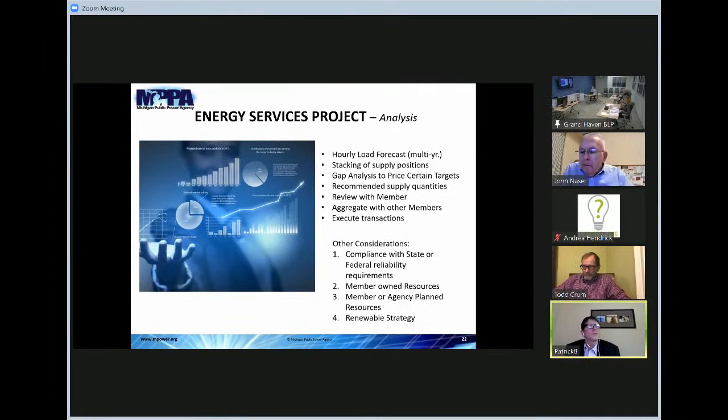So, as you can imagine, making these decisions for our members requires a lot of analytics. And we have staff inside the agency that are highly skilled at doing data mining and data manipulation, being able to run scenario analysis.